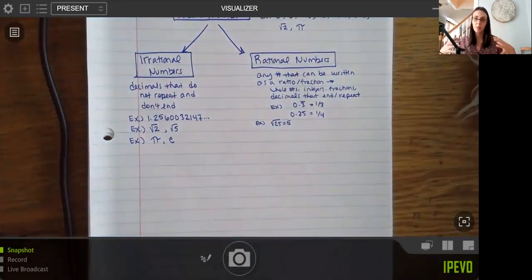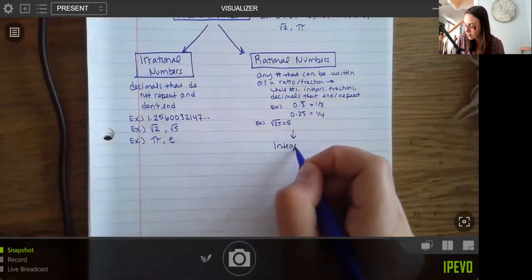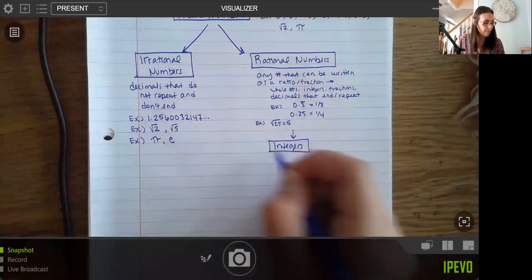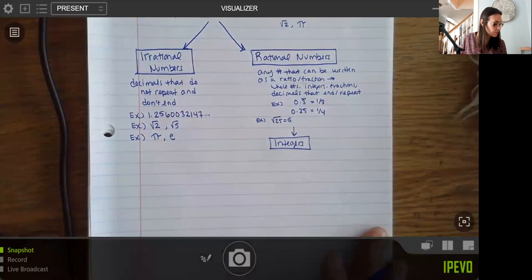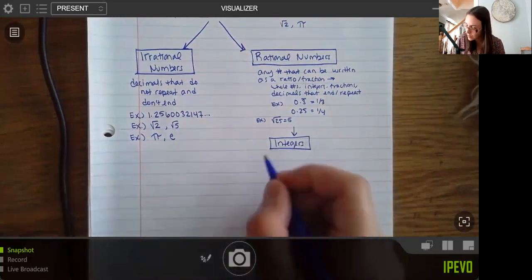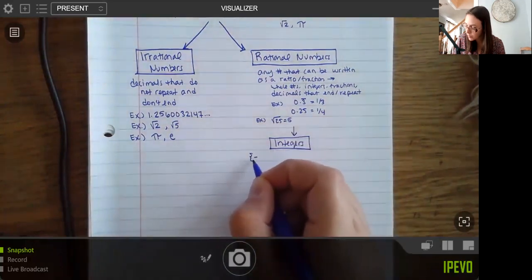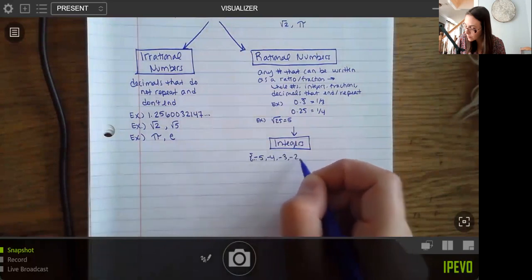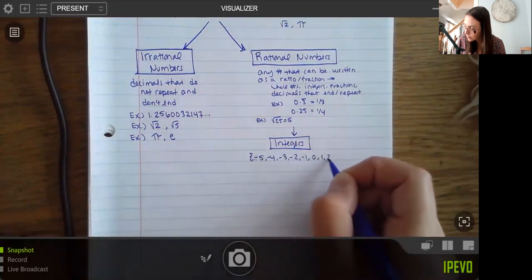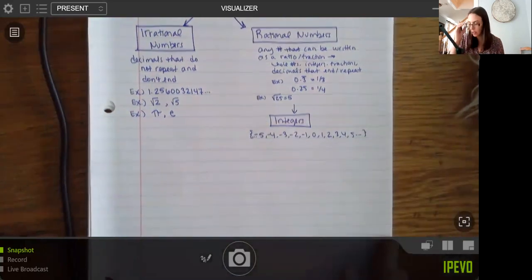And under those rational numbers, we break them up into groups again. So your next set is your integers. And these are your whole numbers, but they do include negatives. Notice I'm using that set notation here with those squiggly lines.